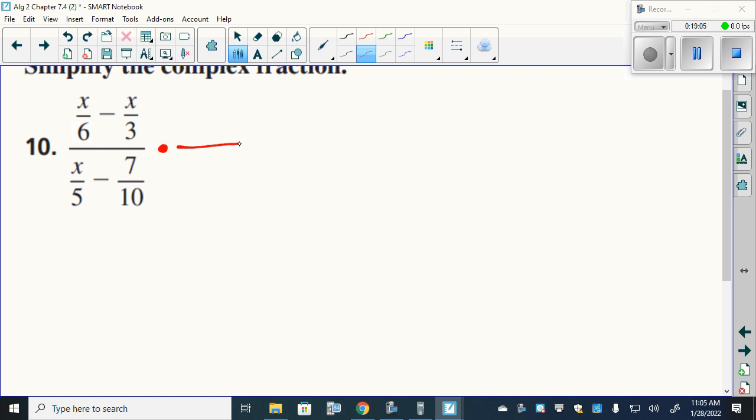What is the smallest number that I can turn all of these into? So 3, 6, 5, and 10. So we know that the number we're looking for has to be greater than 10. Yes? 30.